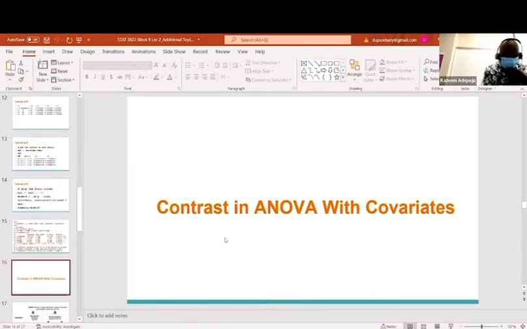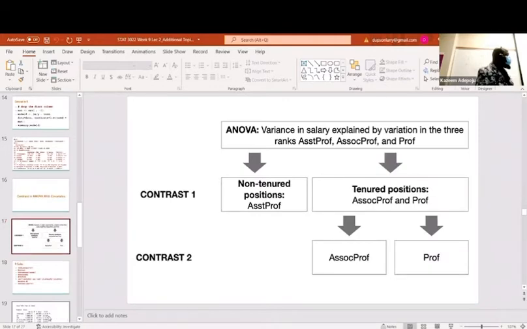Okay, now let me walk you through this example. Look at this example right now. Basically, I want to look at the effect: what is the role played by the rank of a professor in the salaries? I'm going to say that again. I actually want to look at the effect of the rank of professors, the professors' positions, on the salary they got at the end of the day.